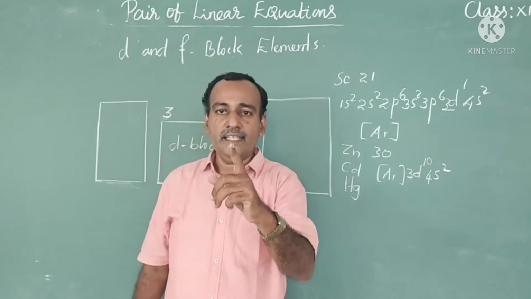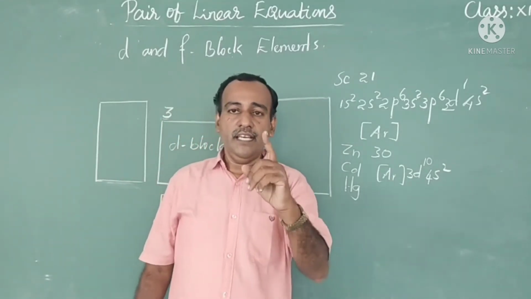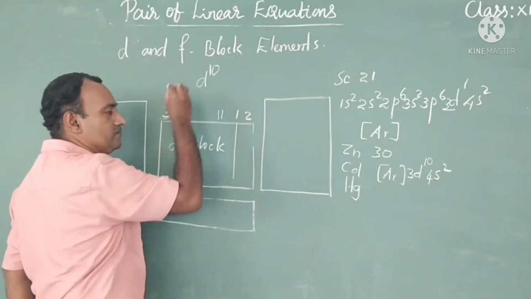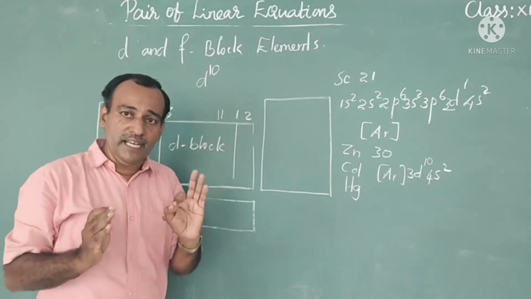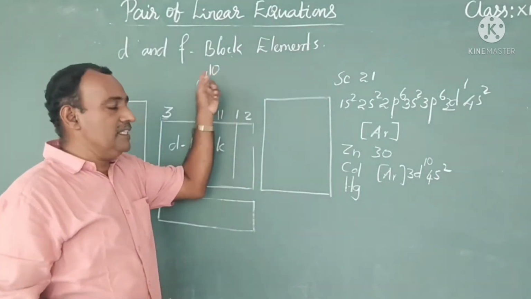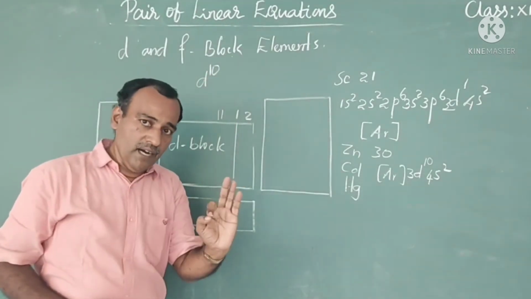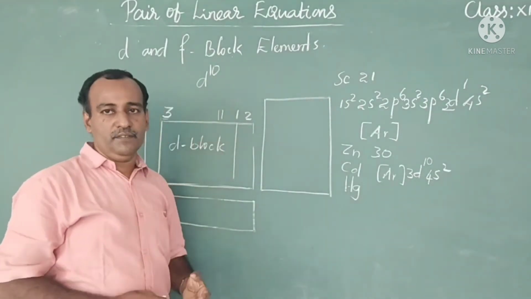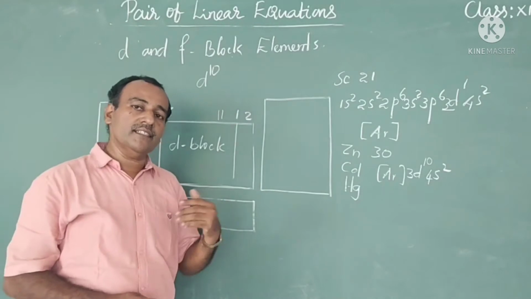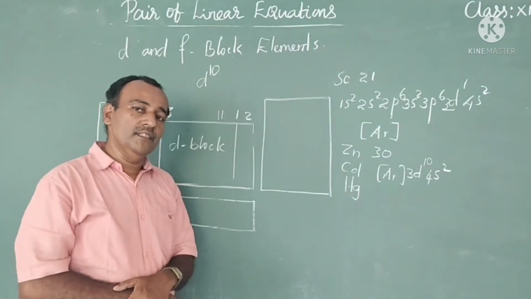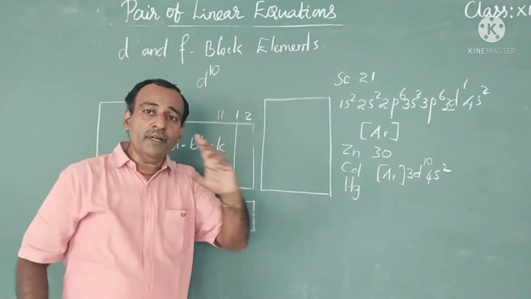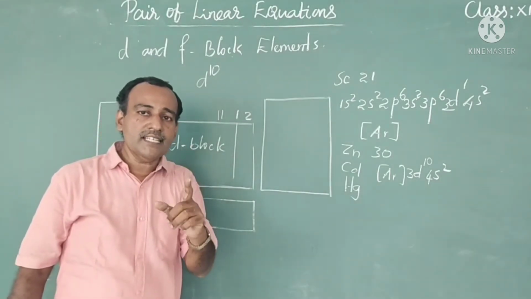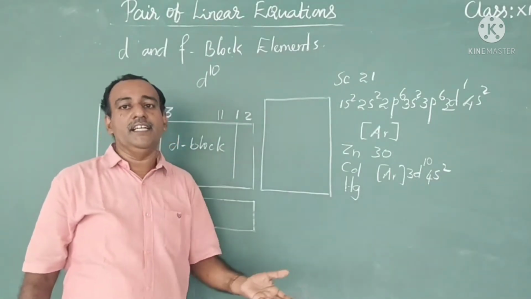If you write their electronic configuration, they also possess d10 configuration. Then how can you consider them as d block elements? Because in their common oxidation state, they possess partially filled d orbital.